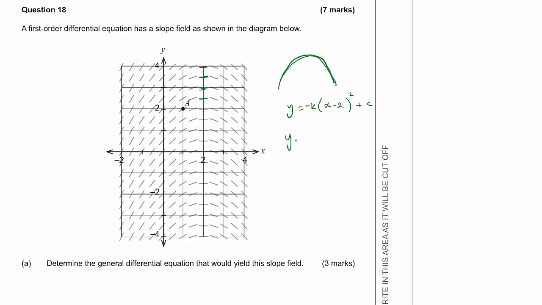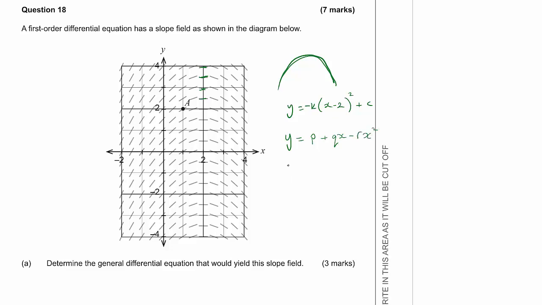And so that would give us something of the form some constant, let's call it p, plus something times x, let's call it q, take away something times x squared.